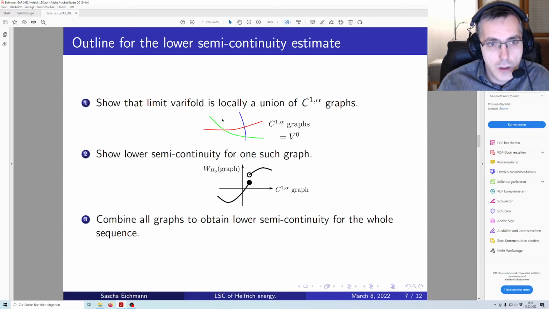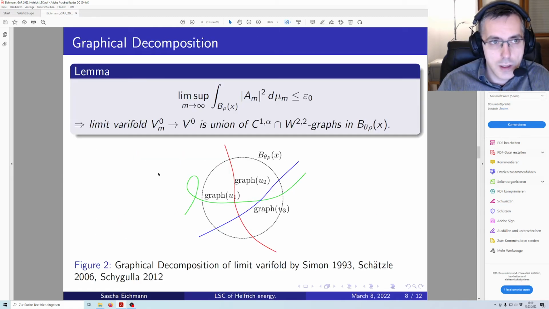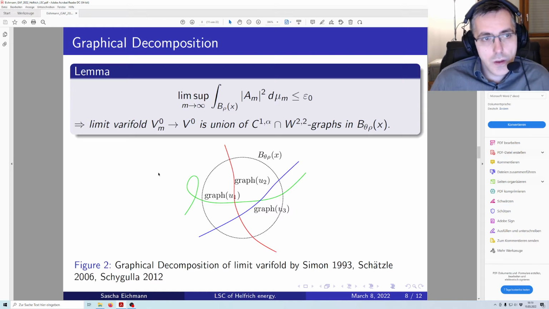Okay, this first decoupling in graphs, I'd like to tell you how this works in a bit more detail. And what is here in the background is the graphical decomposition lemma, which was initially introduced by Leon Simon and later used and refined by Rainer Schätzle, Sebastian Schigola, and other people.